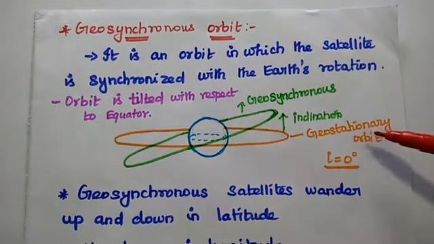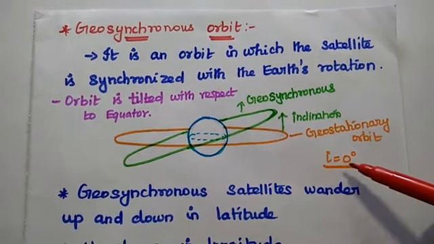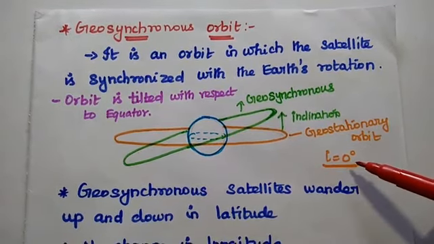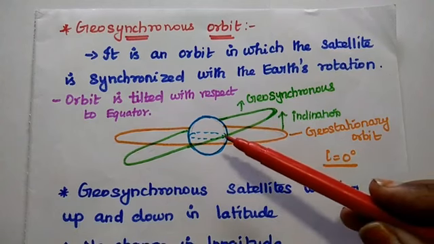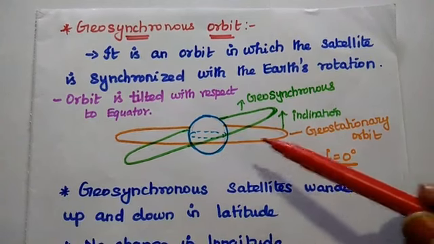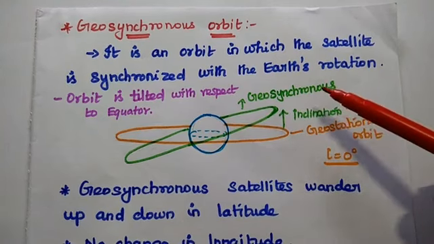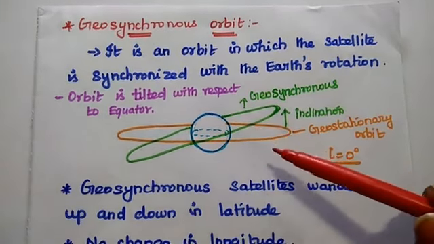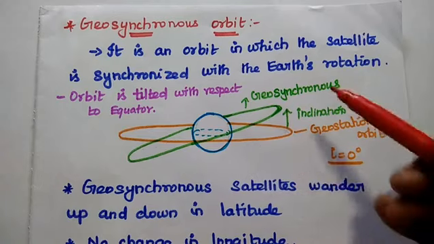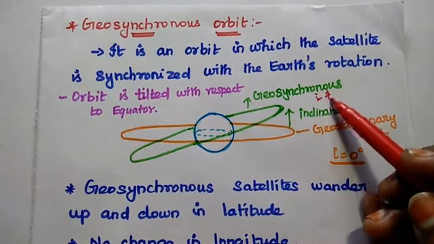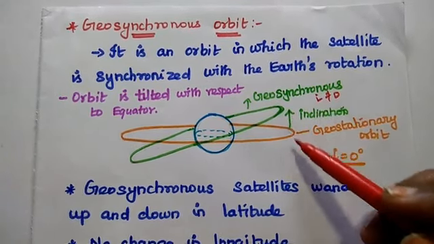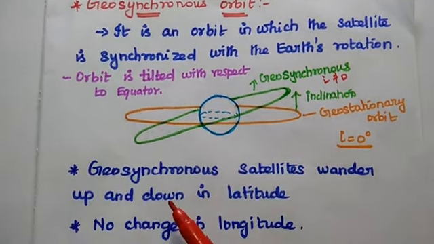Here in geostationary, the inclination angle is 0. Correct? Because the equatorial plane and the geostationary orbit both are in the same plane. But for this geosynchronous, there is a tilt with respect to the equatorial plane. So here i is not equal to 0. There is some value. Do you all understand this concept?